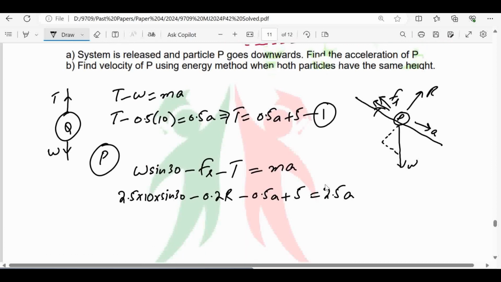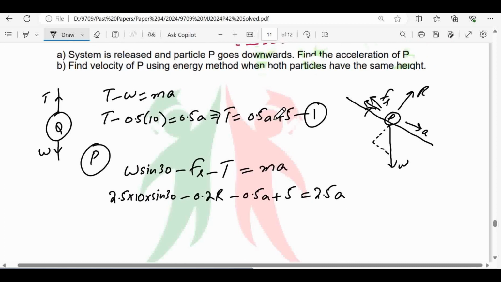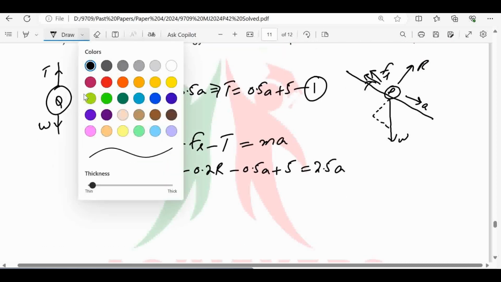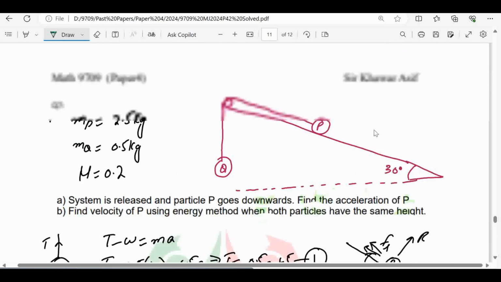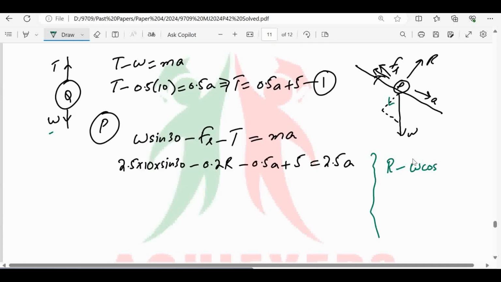R will be equal to, let's see the vertical components of P. For the vertical components of P, it will be R minus W cos of the angle, which was 30, and this equals 0 because acceleration is 0 in the vertical direction.